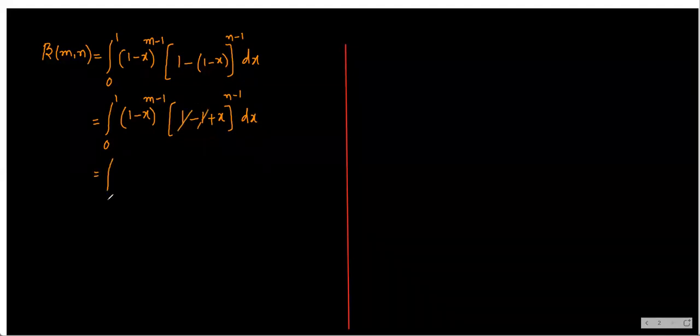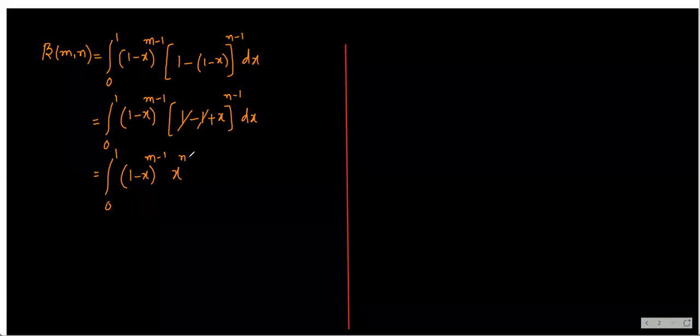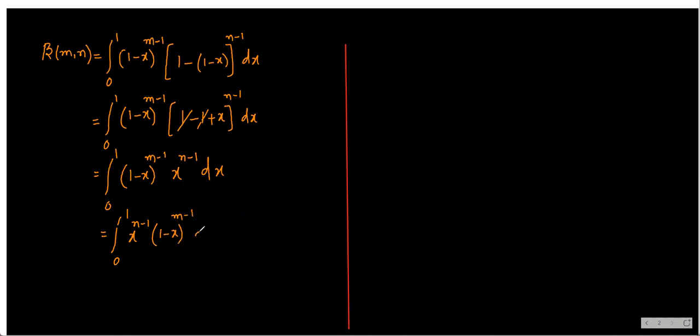This can be written as integral 0 to 1 (1 minus x) whole to the power of m minus 1 into x to the power of n minus 1 dx. So this also can be written as integral 0 to 1 x to the power of n minus 1 into (1 minus x) whole to the power of m minus 1, that we have proved.